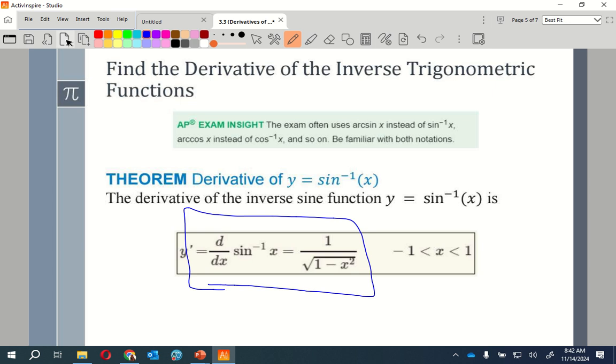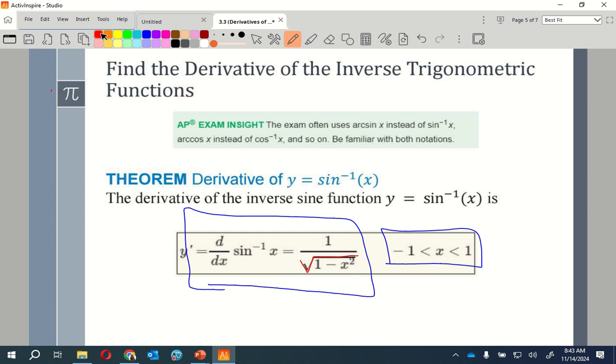Why does x have to have a restriction there? If you look, isn't this radical going to be one of my restrictions? What am I allowed to have inside there? Only positive numbers, right? Even though I'm squaring it, it's still subtracting whatever I have.